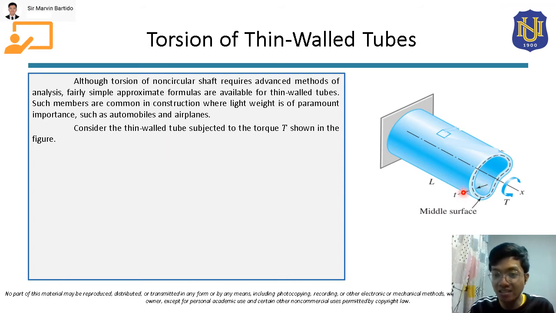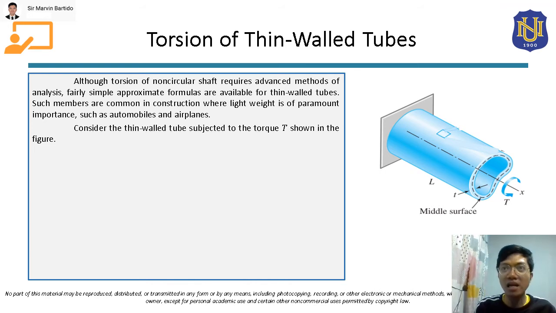Its thickness is t. And class, these broken lines that you can see here indicate the middle surface. These broken lines are lines at the middle of the thickness. So this middle surface is the area between the outer and the inner wall of this tube.